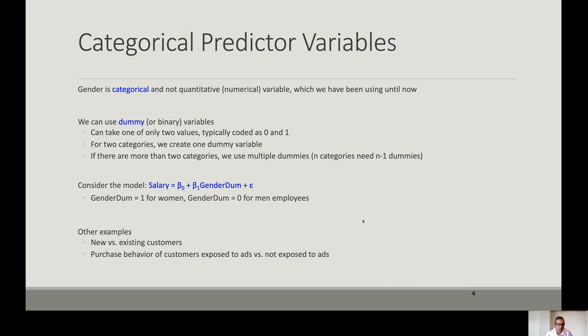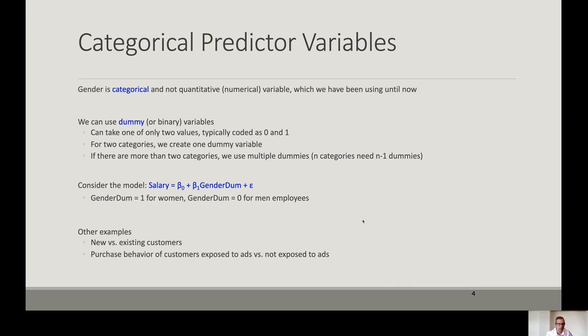Now, there can be many other examples that are relevant in business situations. For example, you might be considering purchase behavior of new versus existing customers. In those situations, you can take number of purchases as your y variable, and new versus existing customer are categories, so you can use a dummy variable to capture these categories.